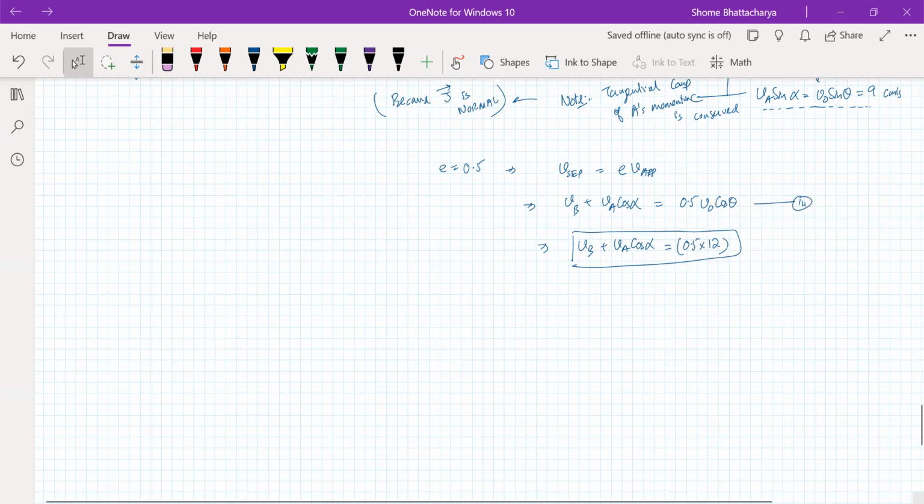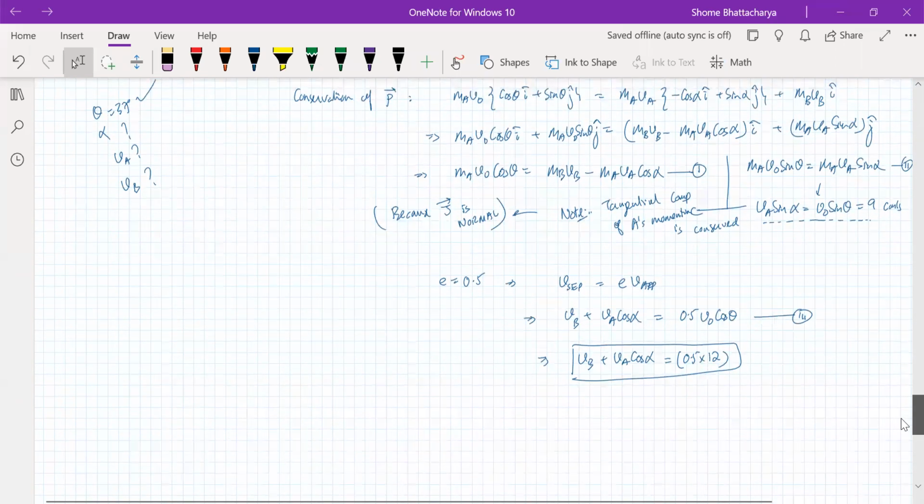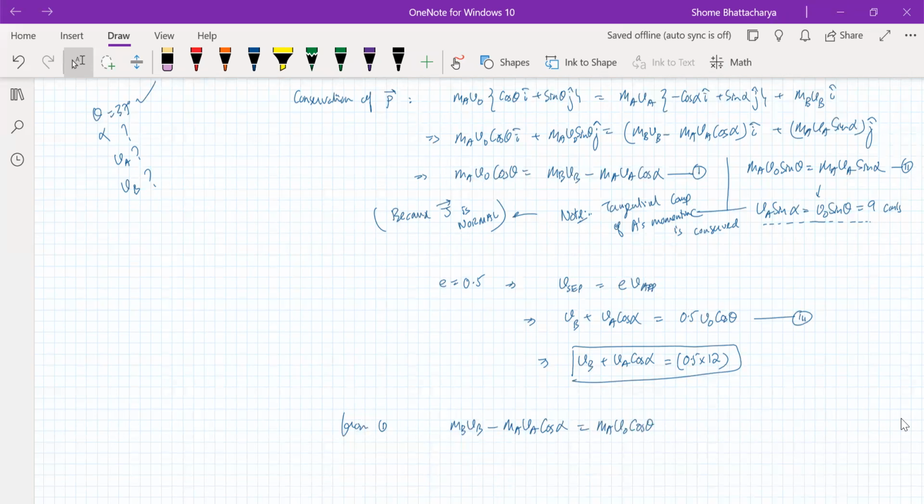Now we compare this with our first equation. From equation 1, we have MB VB minus MA VA cos alpha is equal to MA V naught cos theta.